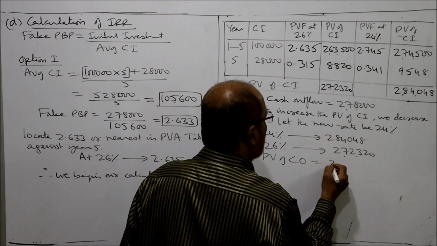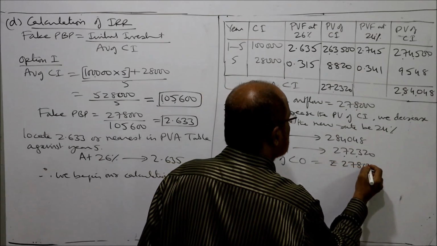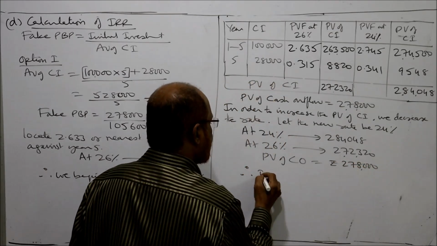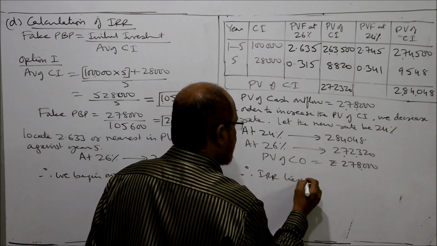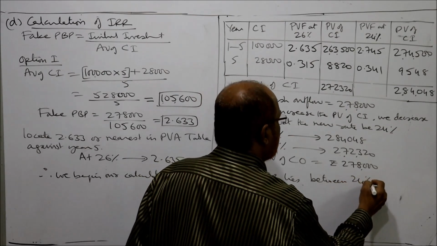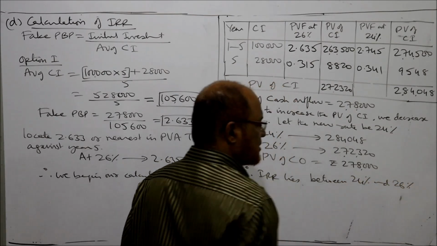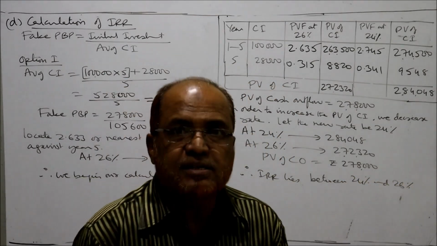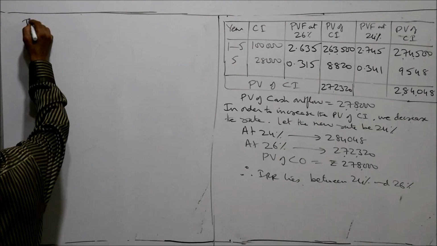Cash outflow is equal to 2,78,000. IRR lies between 24% and 26%. IRR is between 24 and 26.